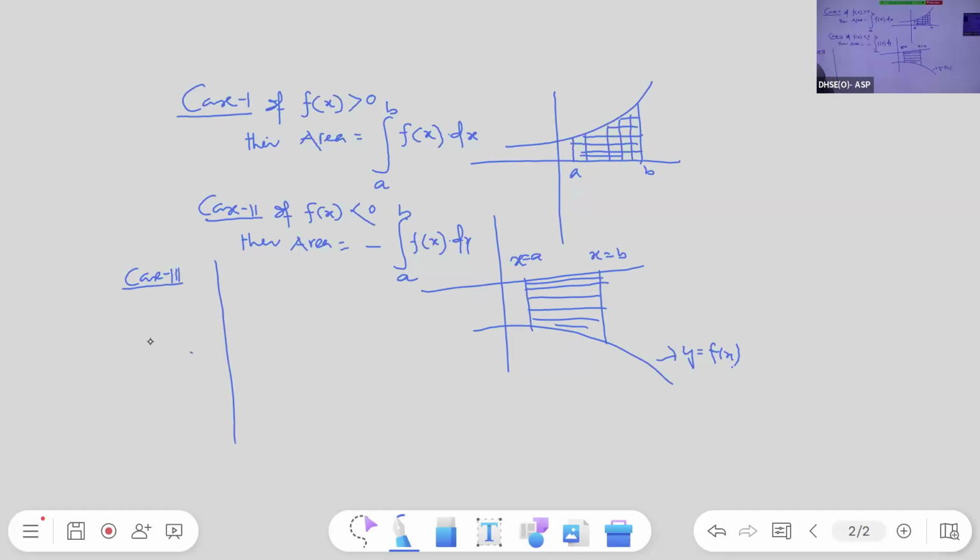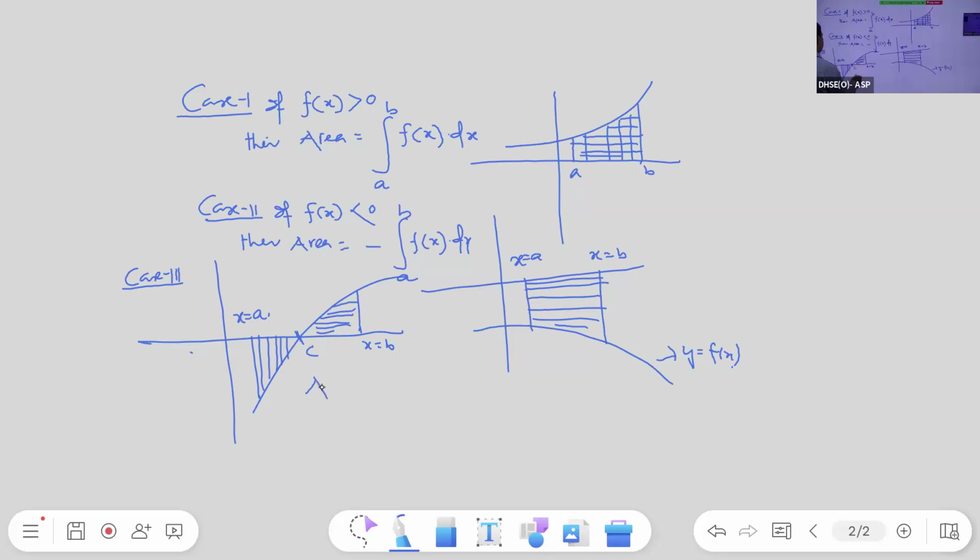Suppose the structure of the curve is like this. X is equal to a. This is x is equal to b. This area is negative area. So the point of intersection of the curve and x-axis we see, and this area is positive area.